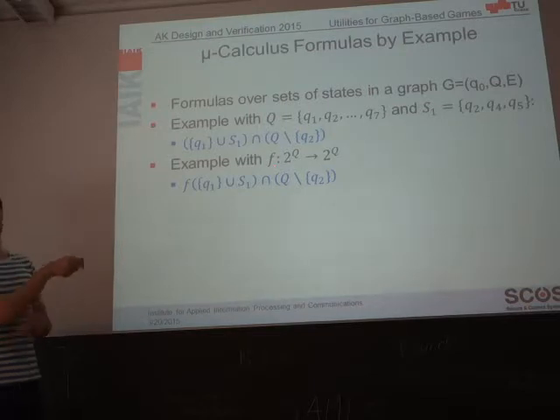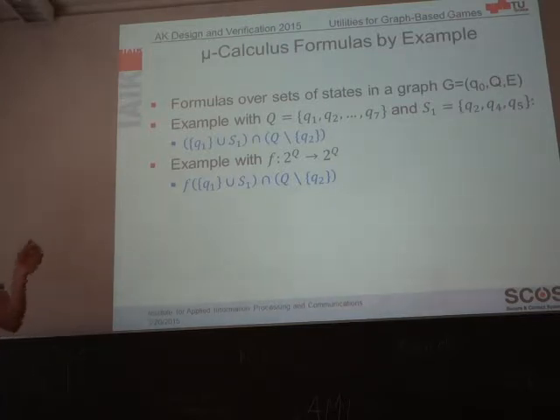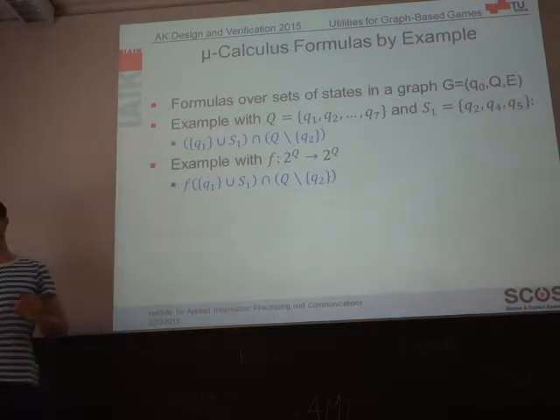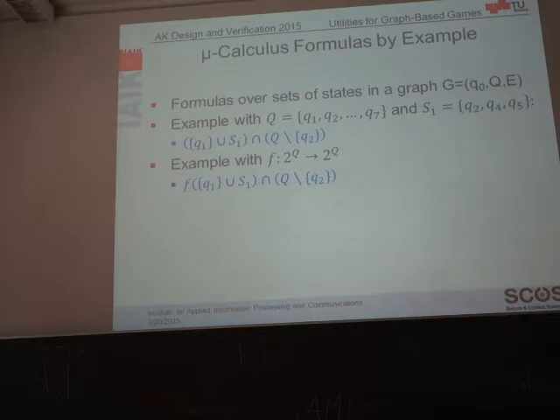So 2 to the power of q means all subsets of q: the empty set, the set only consisting of q0 and so on, up to the set of all states. So intuitively, a function takes a set of states and returns a set of states, and we can also use such functions in mu-calculus formulas.